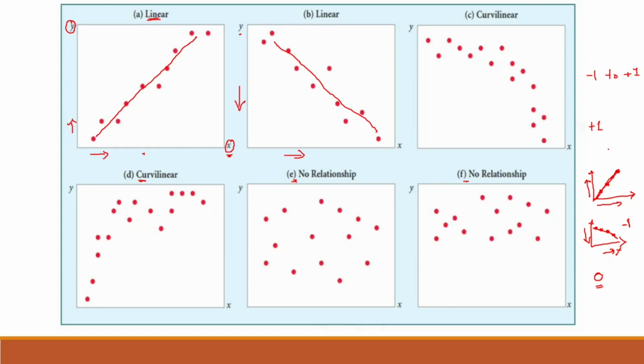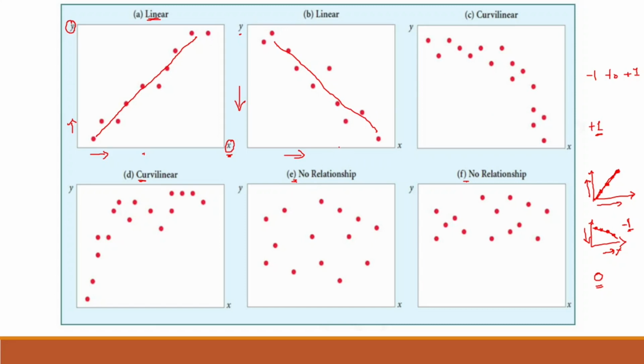So I should have a very high value, close to +1 or -1: -1 for negative correlation, and +1 indicates positive correlation. So this is about the correlation, and this represents some of the linear and non-linear curves.